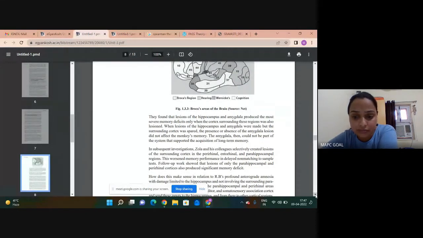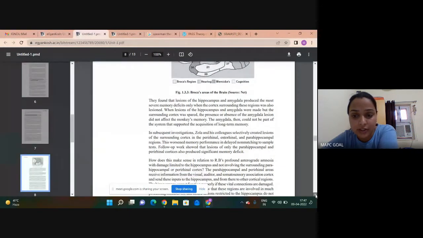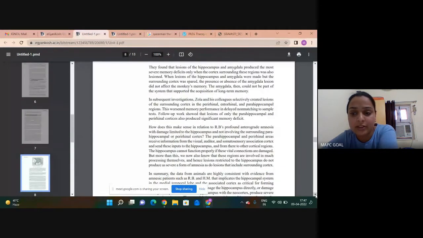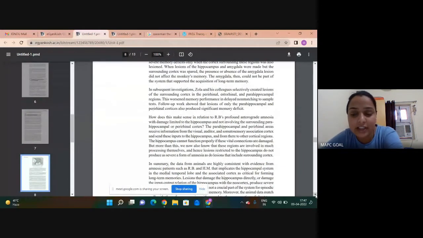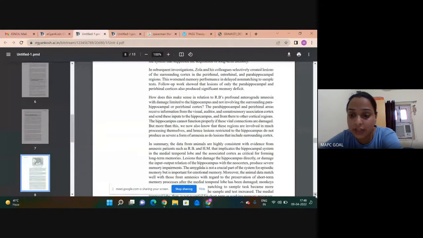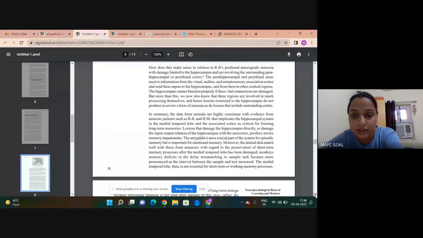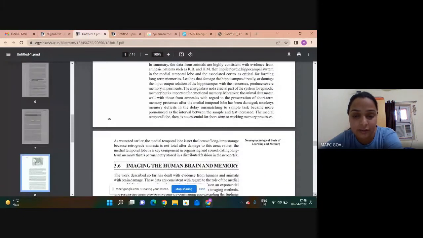Definitely some particular areas could lead to anterograde amnesia or retrograde amnesia, but exactly where, we don't have the evidence till now. This is what this paragraph is suggesting.